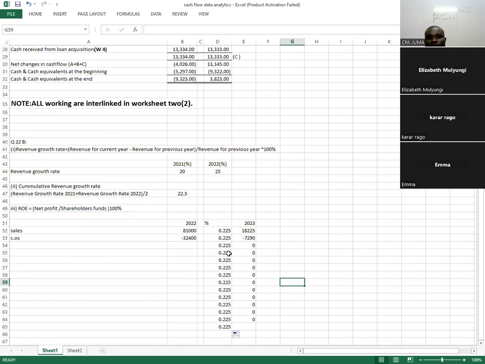Those ones you don't project. When you come to projection, you put 0. When you come to depreciation and finance cost, then you get PBT, then profit after tax, income tax, you multiply what you have gotten by 30%. Then the rest you continue with the projection. Just as simple as that.